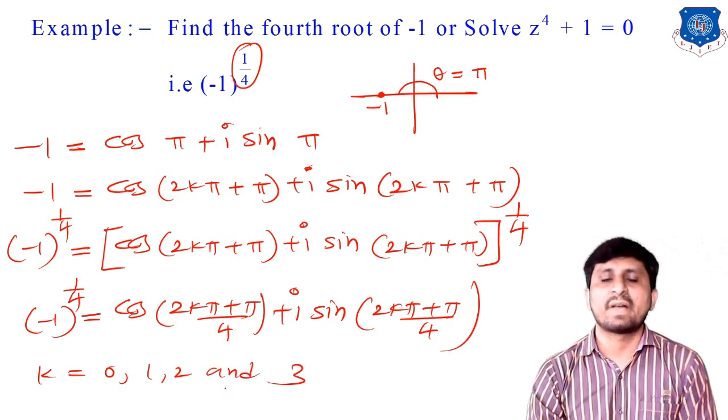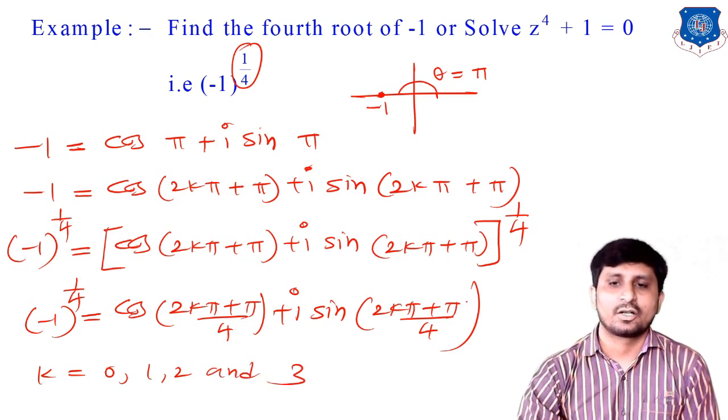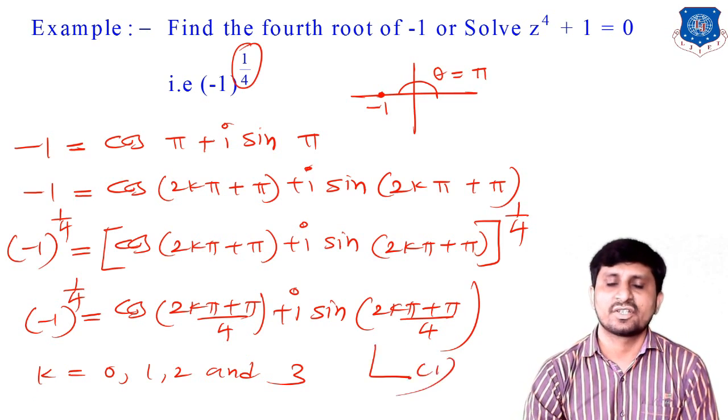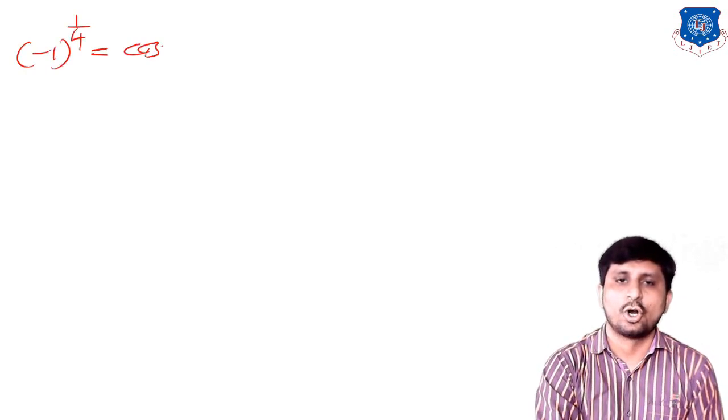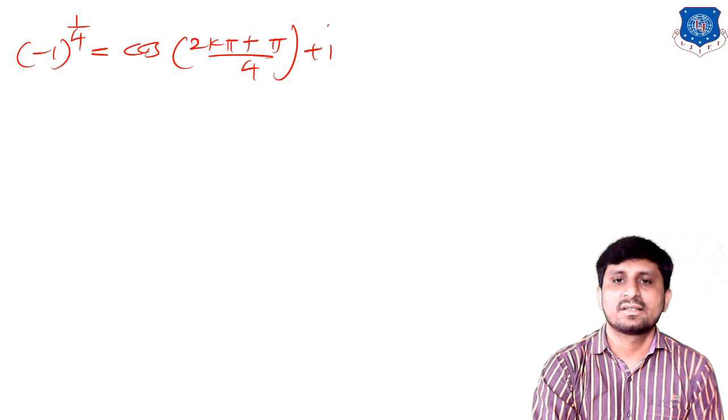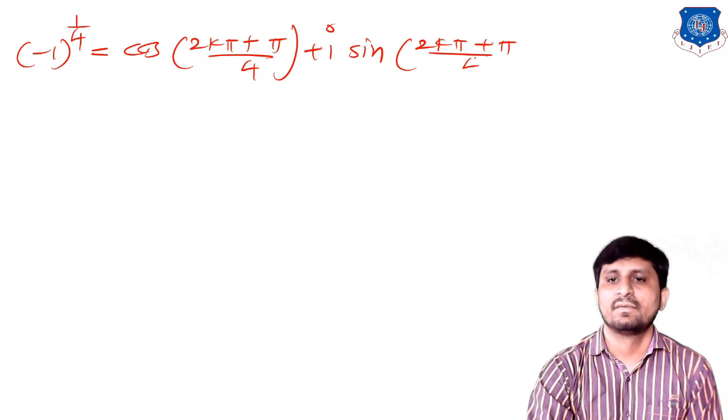So let's take the values one by one, okay. Call it equation number 1. I just write this equation once again. What is my equation? (Minus 1) raised to 1 by 4 is equal to cos((2k pi plus pi) by 4) plus i sin((2k pi plus pi) by 4), okay, and this is my equation number 1.